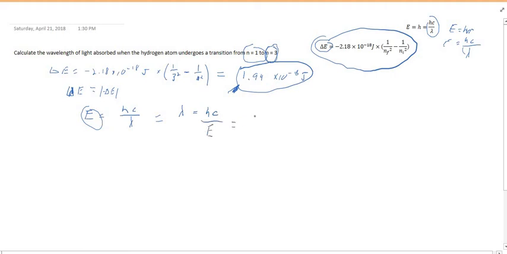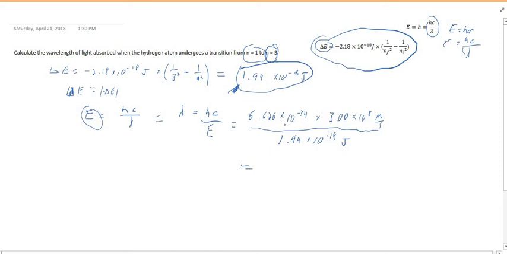So now I can just plug in the numbers. Planck's constant is 6.626 times 10 to the minus 34th. That will be given to you on your test. Times the speed of light, which will also be given, 3.00 times 10 to the 8th meters per second. And we're going to divide that by what we just calculated, this energy, which is 1.94 times 10 to the minus 18th joules.